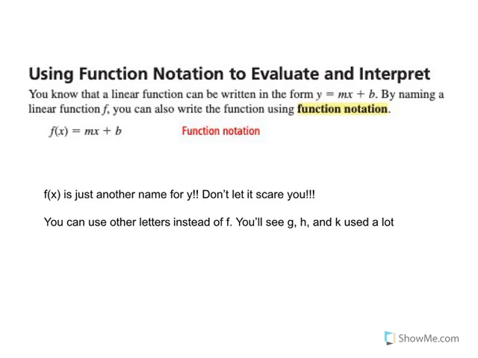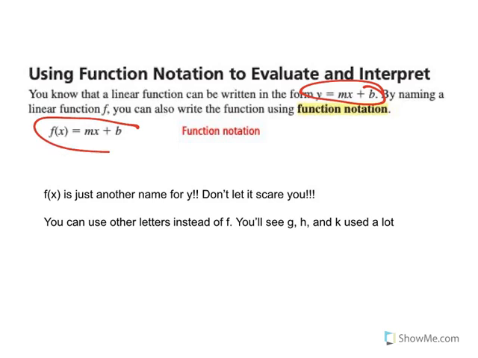Basically, it is using this weird f of x thing, and we say it f of x. It's not fx, it's f of x, is how we say it out loud, okay? And it's just another name for y.